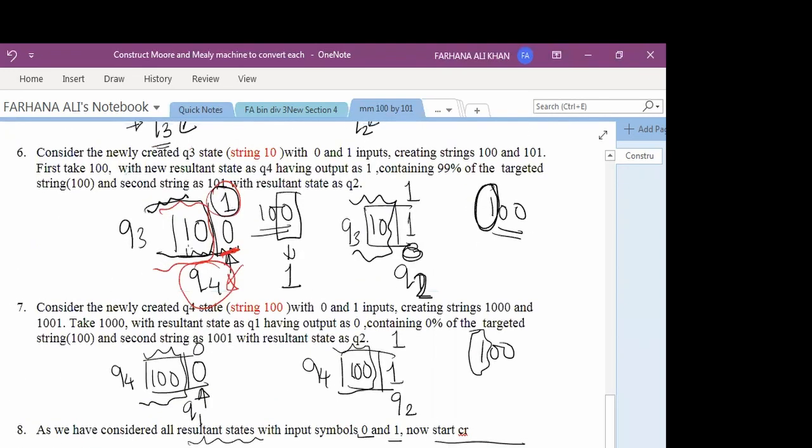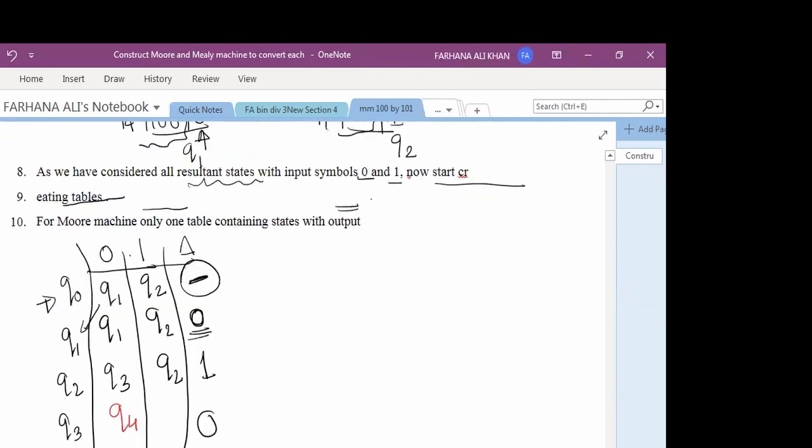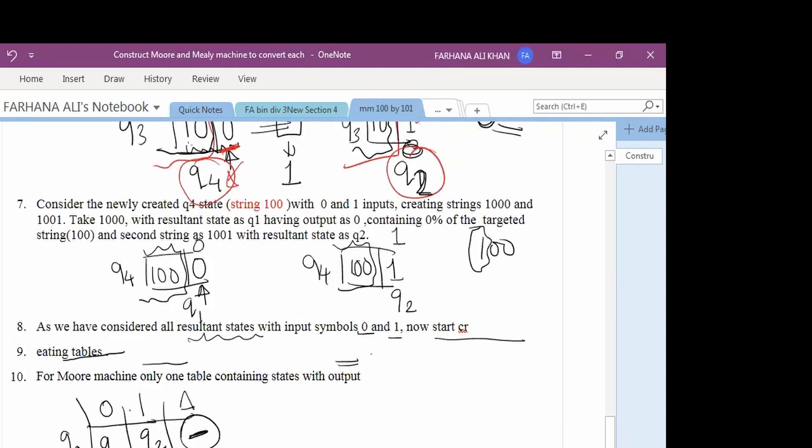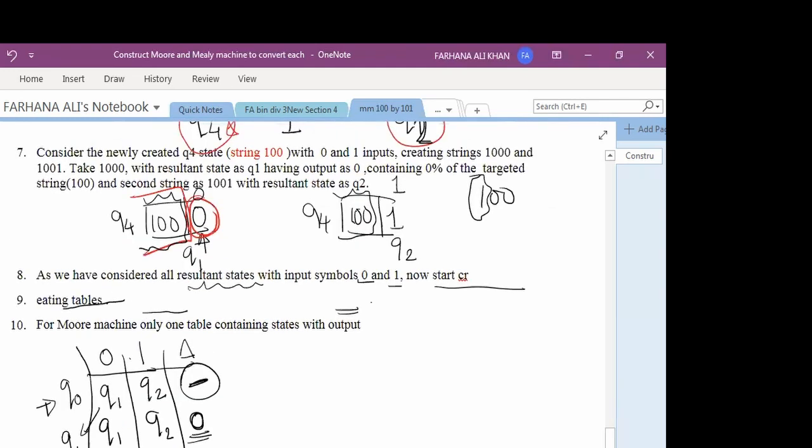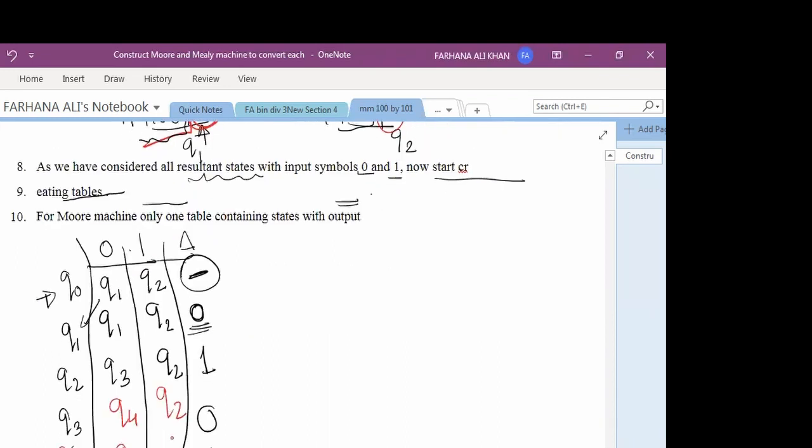Now Q3 with next input 1 goes to Q2, generating the output 1, as we had already considered the Q2 state. Now Q4 with the next bit as 0 gives the resultant state Q1. Q4 with the next bit as 1 goes to Q2. We will write it down here.